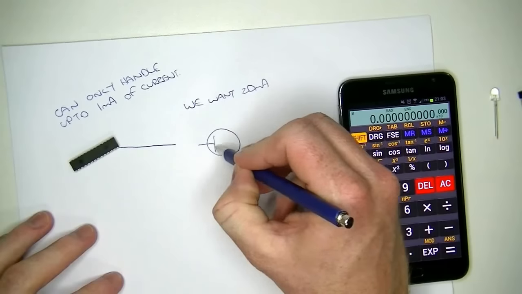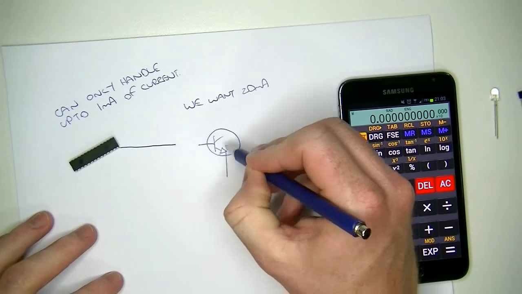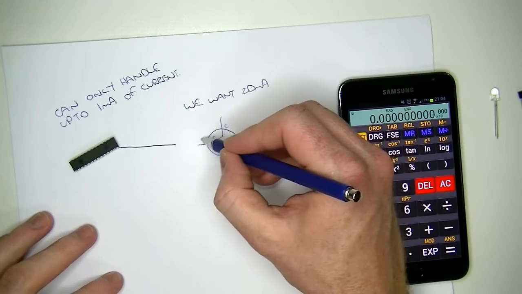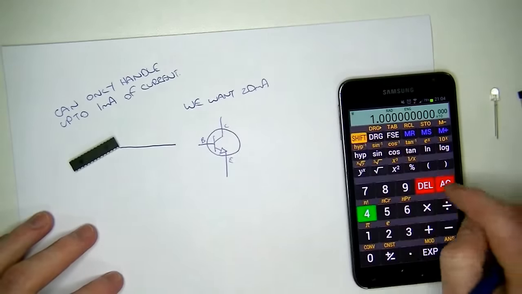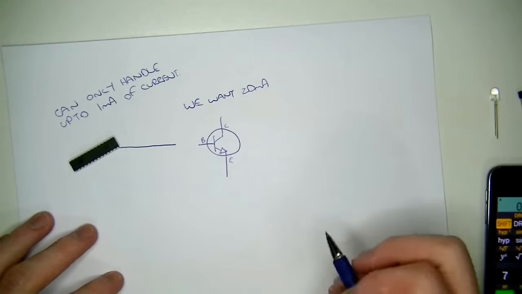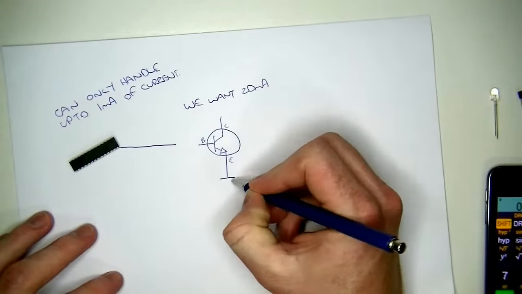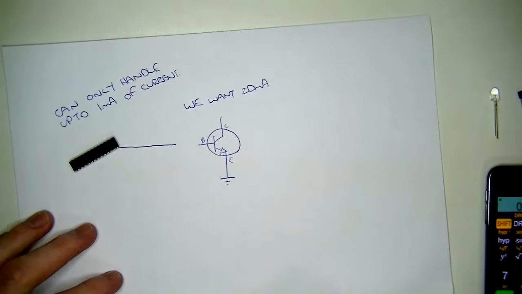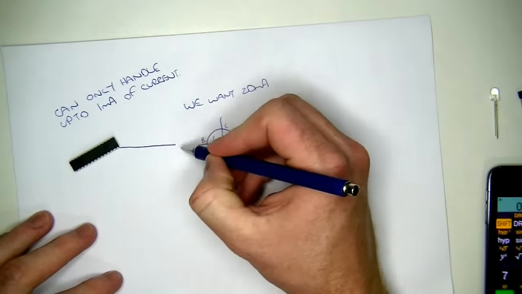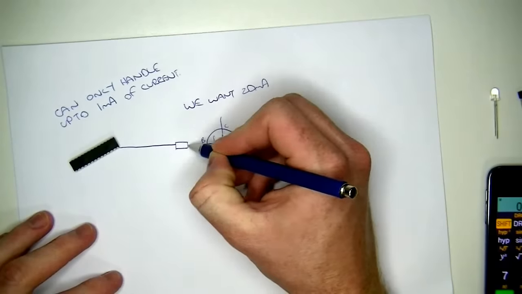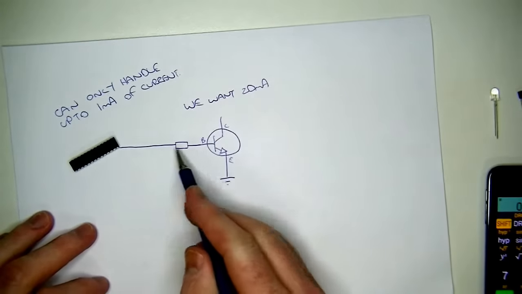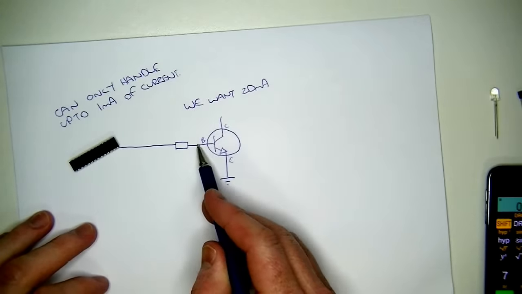Here's our transistor: collector, base, emitter. Let's get that out of the way for a second. We're going to connect the emitter to ground. We're then going to get a certain value of base resistor and connect it to the base.